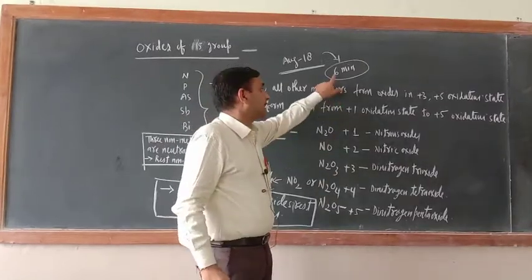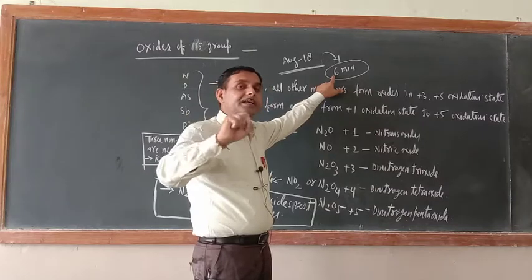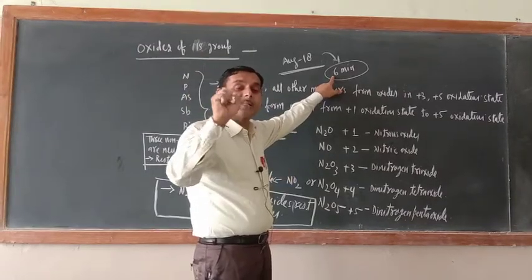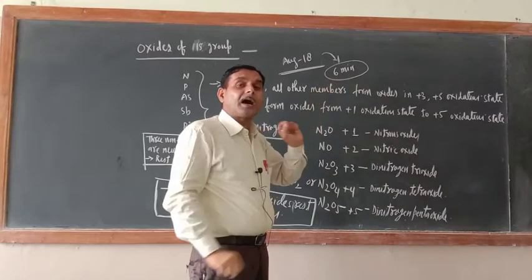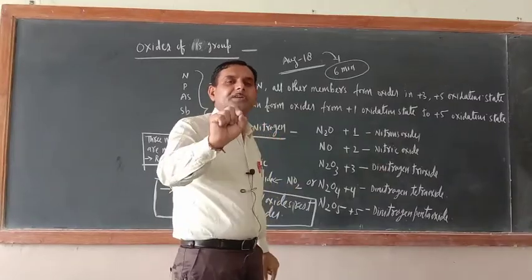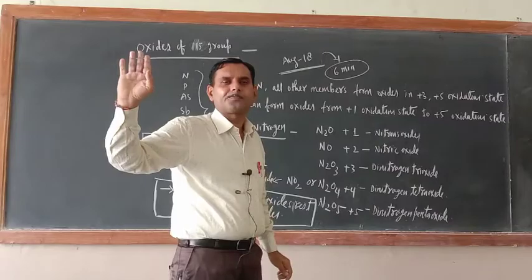So exactly at 6 minutes, I explained due to increase in atomic size. That is correct. But while writing, rather than writing increase, I wrote decrease. So in place of decrease word, you just insert the increase. Rest everything is okay.